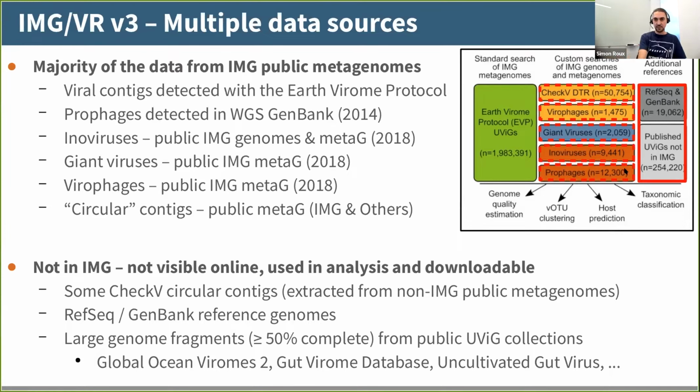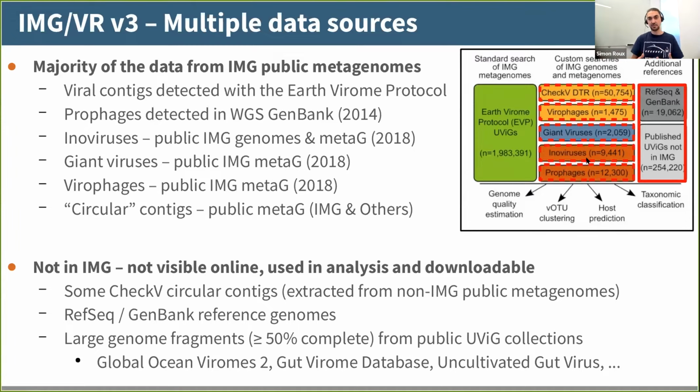So these sequences are mostly in this right part here. In this published UViGs not in IMG, it's mostly the Global Ocean Virome 2, the Gut Virome Database, and the Uncultivated Gut Virus collection, which are collections of viral contigs from human gut metagenomes that have been published recently. And for all of these intermediary datasets, you always have a mix of IMG sequences and sequences not in IMG.